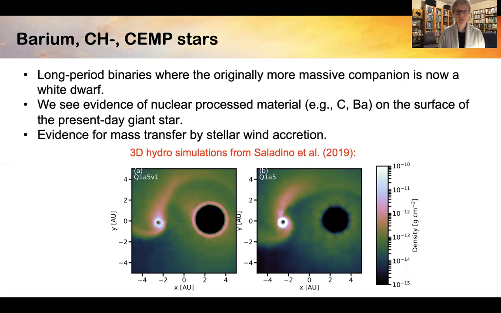So this is the star that received its barium from the star that's now the white dwarf. This is evidenced as mass transfer by what we call stellar wind accretion. When that white dwarf was on the AGB, it had this thick, dense stellar wind. The companion went through that wind and slowly sucked up a bit of that stuff. And this is shown by a 3D hydro simulation from a group in the Netherlands.